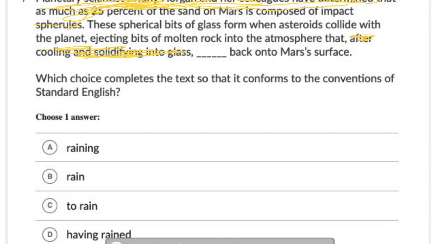We're going to cross out prepositional phrases, so "into the atmosphere," "of molten rock," "of glass." And that's enough. We don't have to cross out everything. These bits form when asteroids collide, ejecting bits that rain back onto Mars' surface.